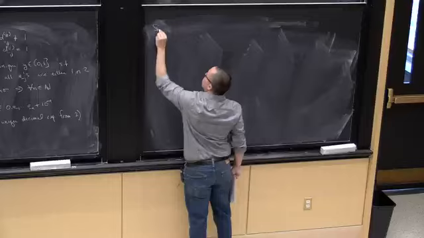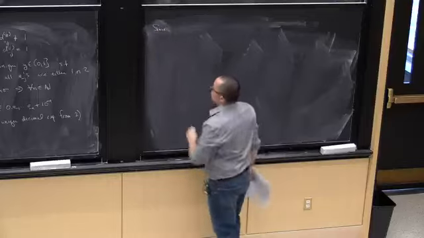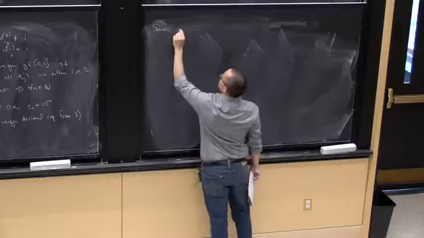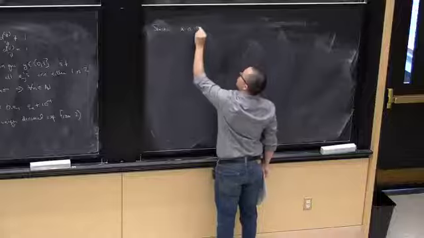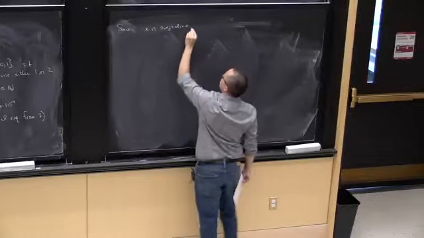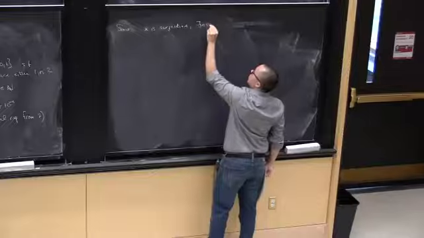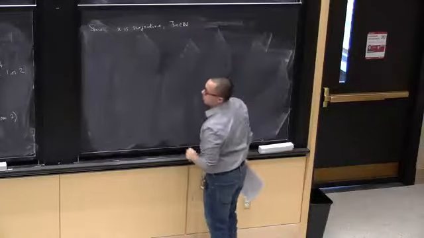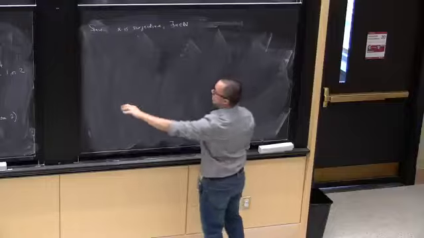Now, since x is surjective, there exists an m, a natural number, such that y equals x of m. This m has nothing to do with that n.